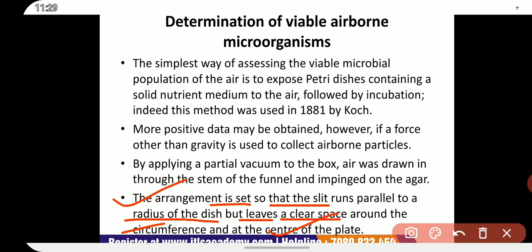In operation, a vacuum is applied to the chamber containing the turntable, air passes in through the slit, and the nutrient medium revolves so that the airborne particles, if any, are trapped onto the medium and spread in a sector over the medium.